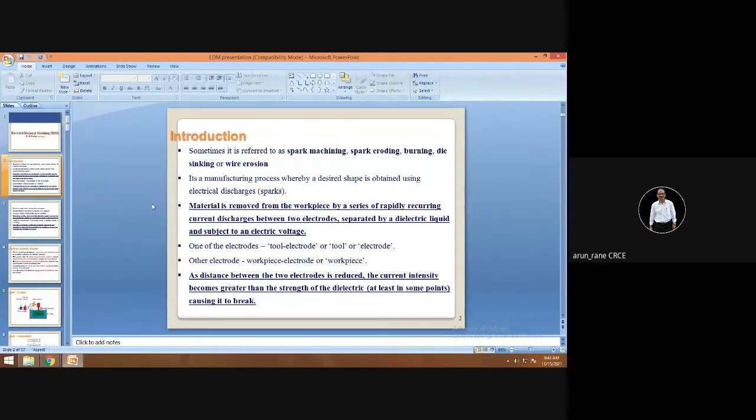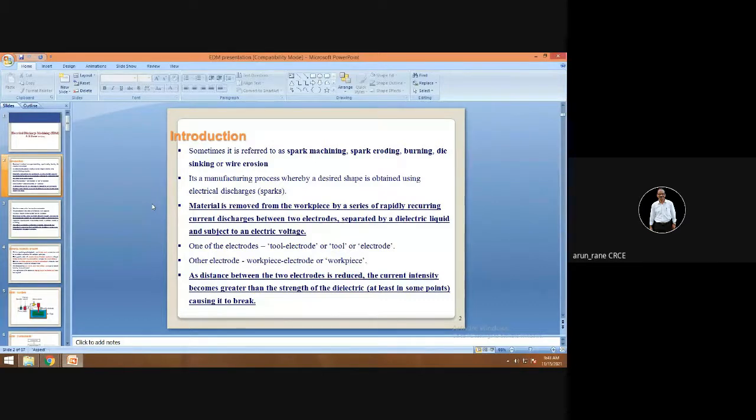In this, material is removed from the workpiece by a series of rapidly recurring current discharges between two electrodes, separated by dielectric fluid, and subjected to an electric voltage. Which are the two electrodes here? One is the copper electrode and the other is the workpiece.